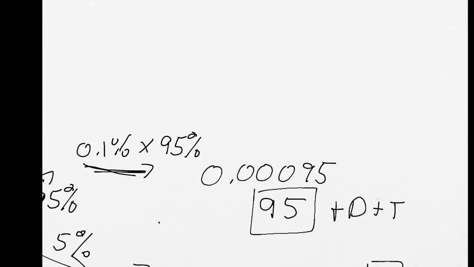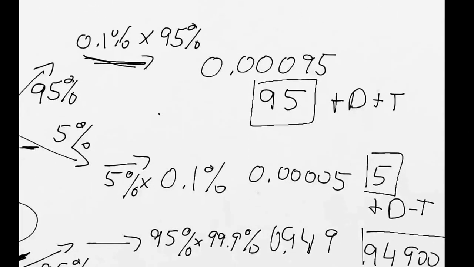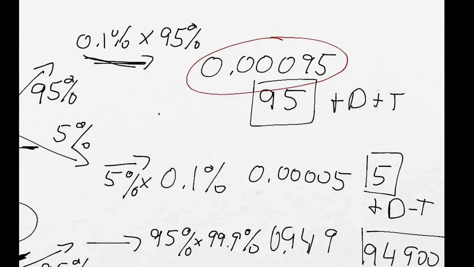Okay. So I simply multiply these numbers by 100,000. Why 100,000? Because it gives me whole people. I could do it with 10,000, but then I would get only 9.5 people per 10,000. I don't like half people. Sounds a bit cruel.